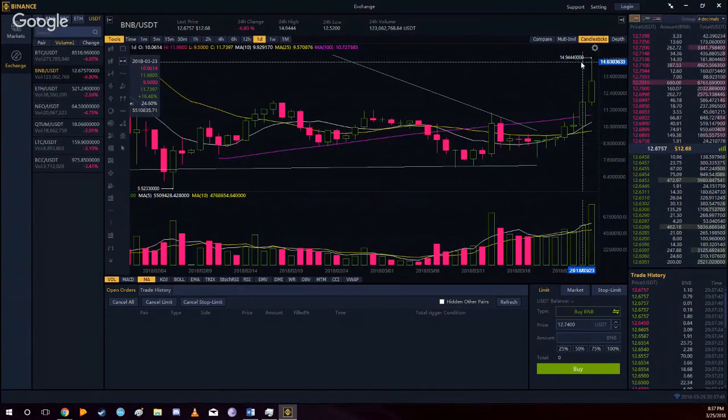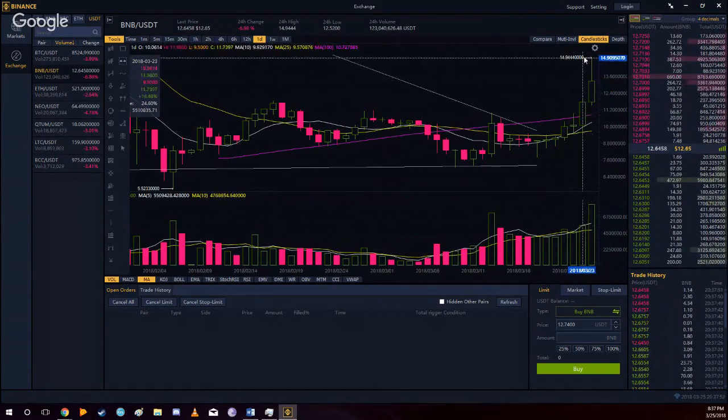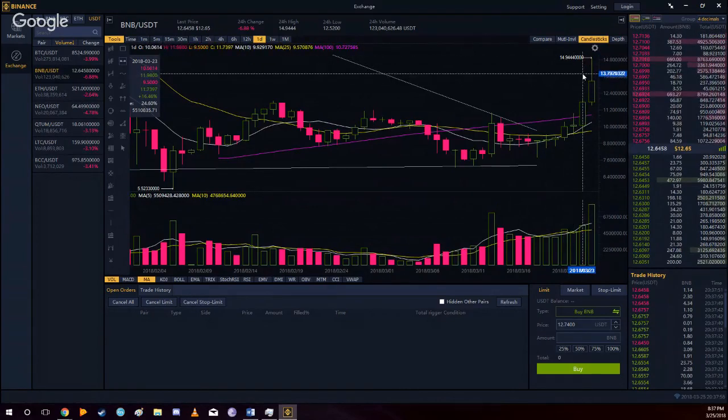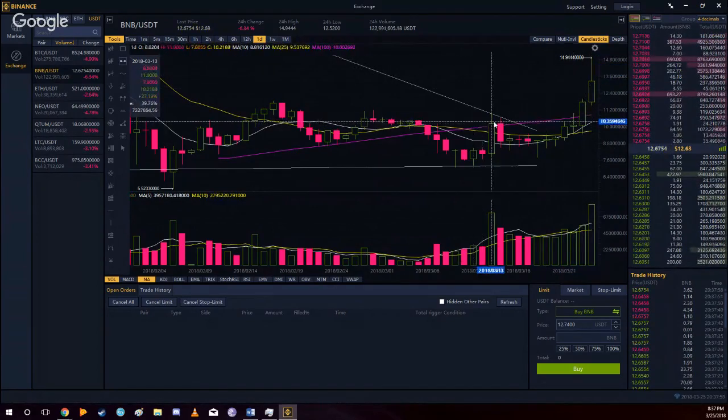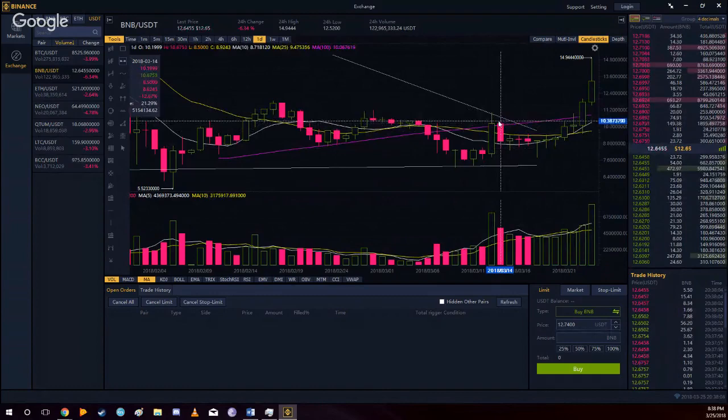So pretty straightforward right there, wouldn't you say? And a wick this big means it encountered resistance. A big wick means resistance. See right here, a big wick, it meant it hit this resistance and pulled back. Another wick, it hit resistance and pulled back.